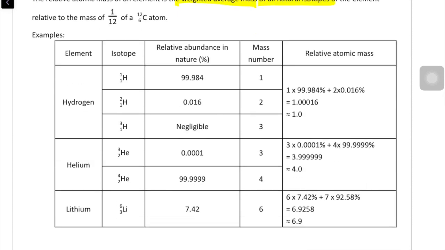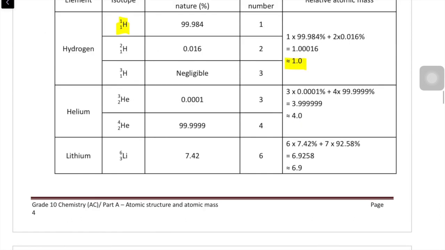So you can see for hydrogen, because most hydrogen is hydrogen-1, the relative atomic mass is 1. But for lithium, because we have lithium-6 and lithium-7, after calculating their weighted average, the relative atomic mass of lithium is 6.9. Well, this is the simple part, or I can say this is the revision part.